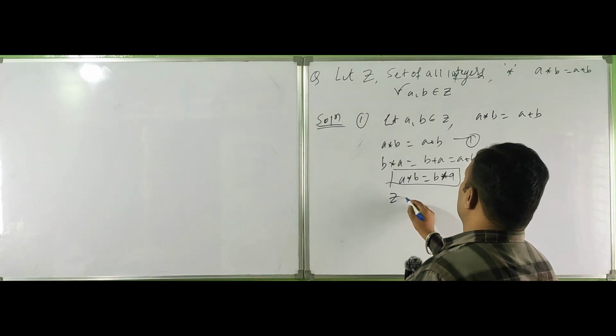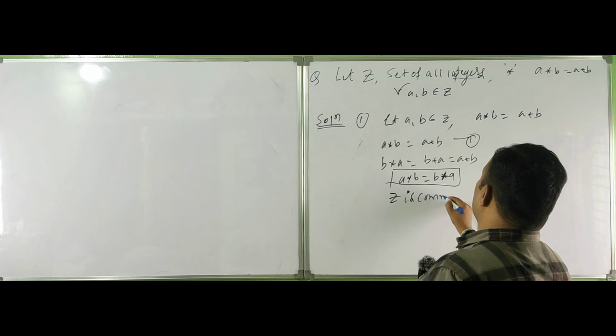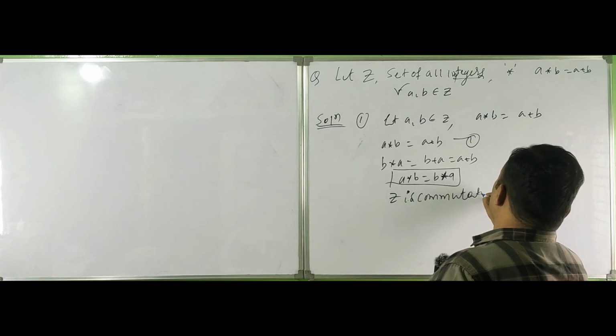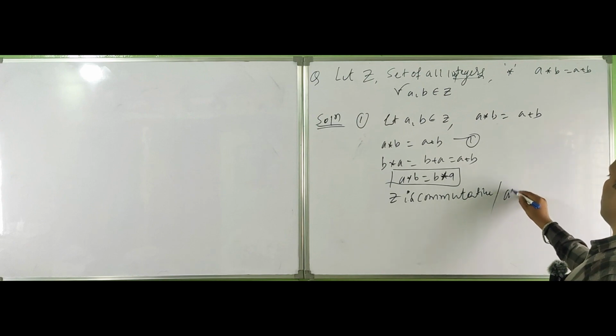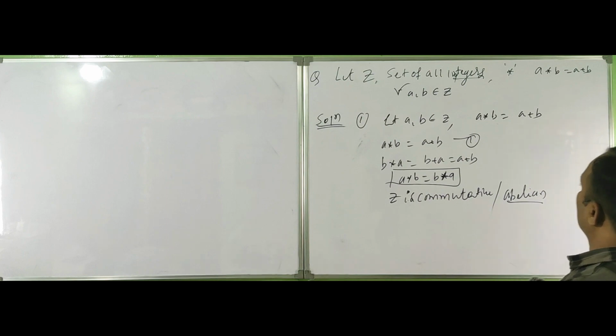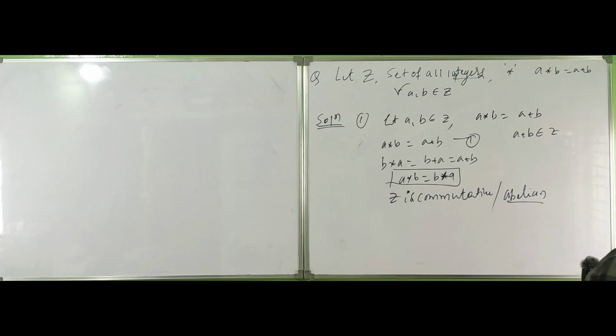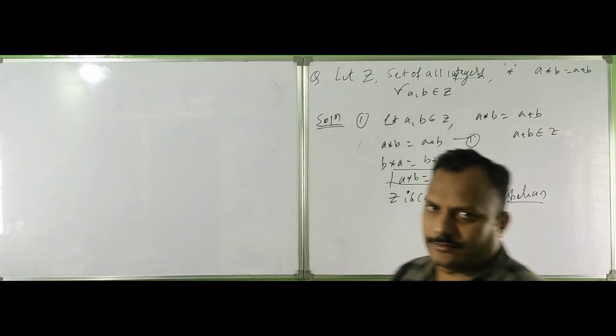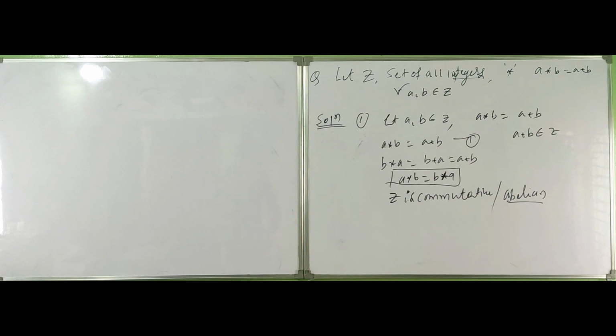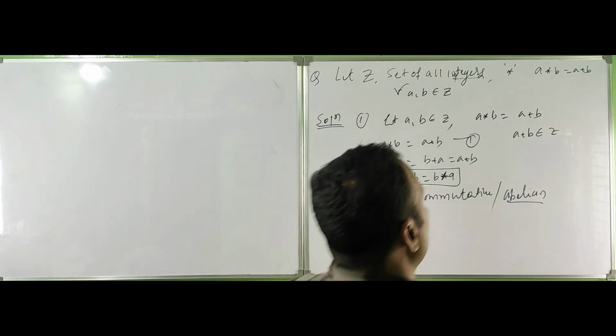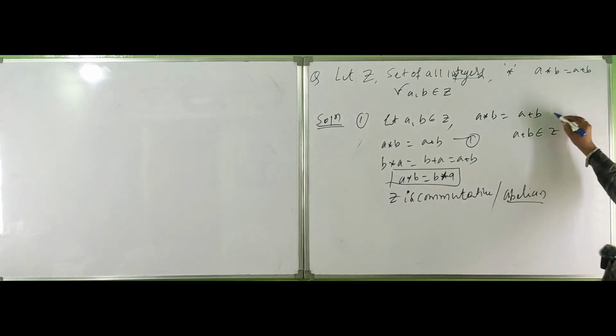Therefore, Z is commutative or abelian. Before going to this, you have to show A plus B belongs to Z, because Z is the integer numbers. So A star B belongs to Z, for all A, B belonging to Z.